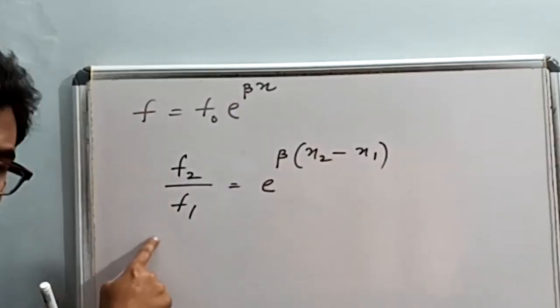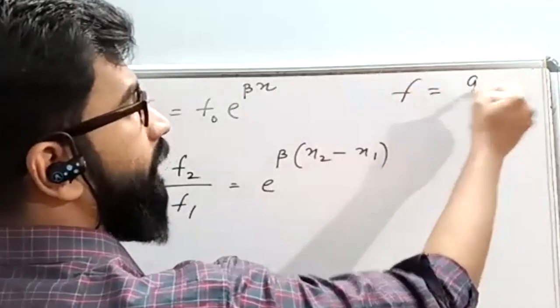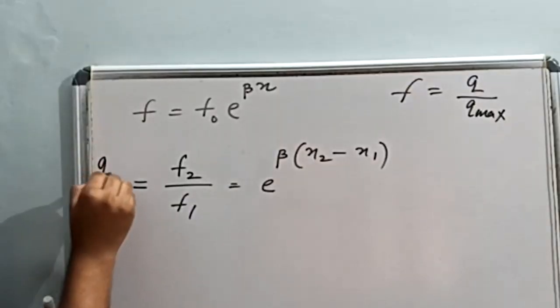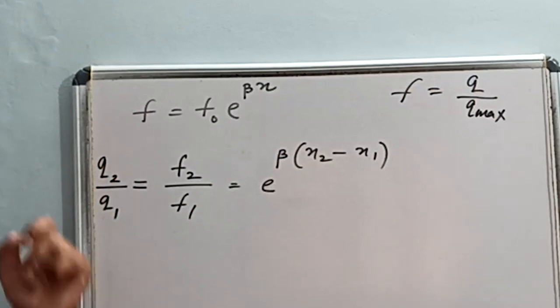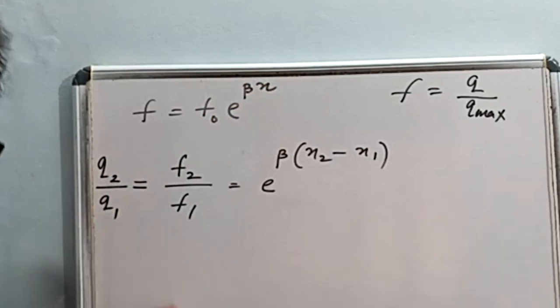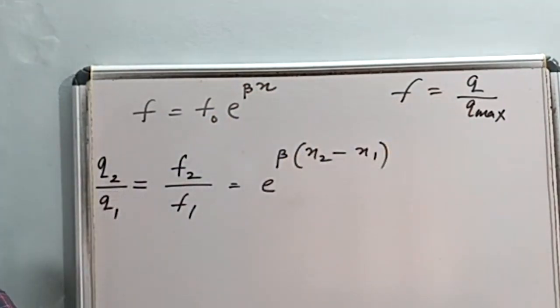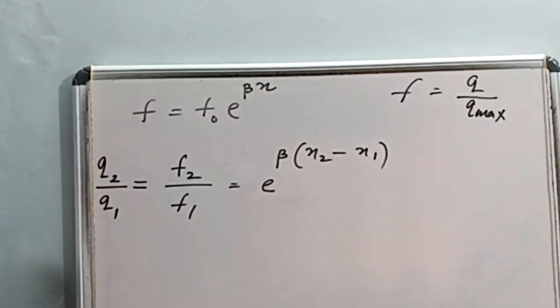Since F is equal to Q by Q max, we can write it as Q2 by Q1. You can never write Q is equal to F naught into e power beta x, because Q is the flow rate and F is Q by Q max, a fraction. So F2 by F1 means you can write Q2 by Q1 because Q max is the same. That is the meaning.